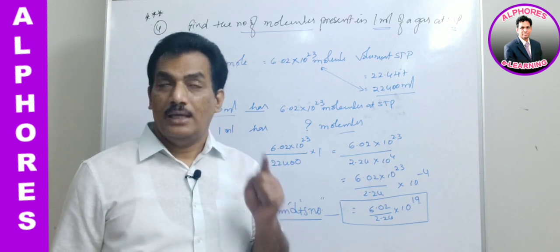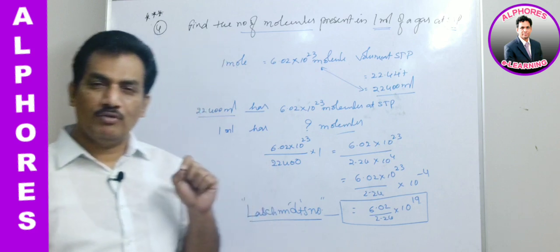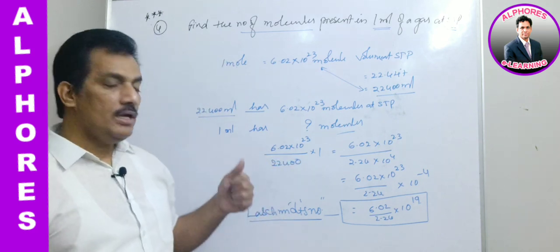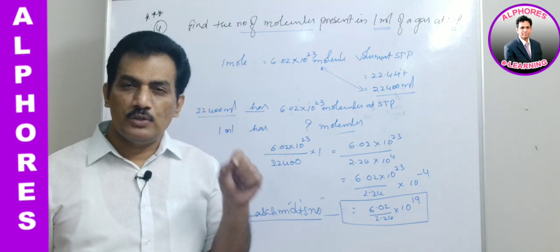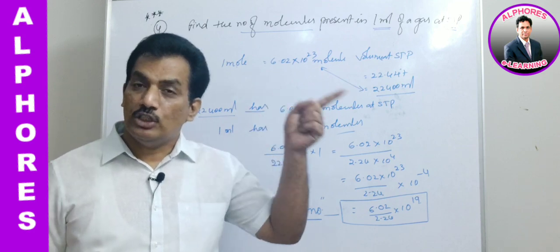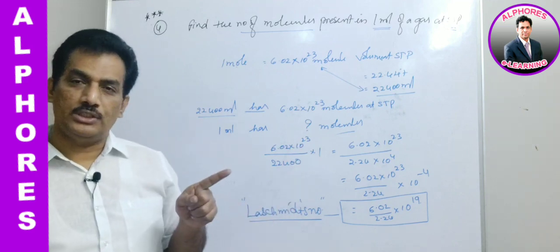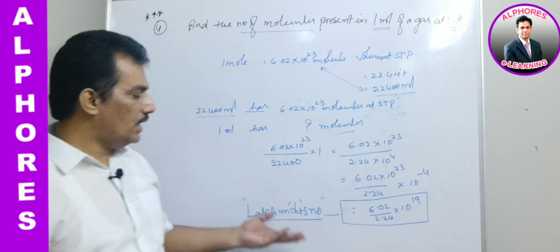And you remember, at STP, 22.4 liters of volume of gas possesses Avogadro number, and at STP 1 ml of the gas possesses the number of molecules that is Loschmidt number. Clear? That is 22.4 liters possessing Avogadro number, but this is 1 ml possessing Loschmidt number.